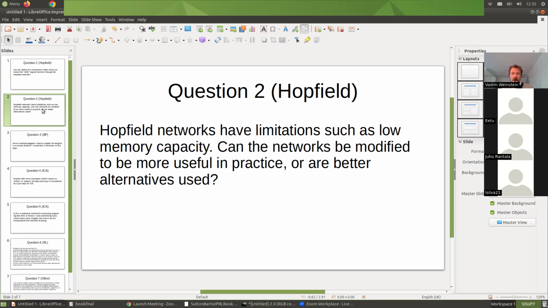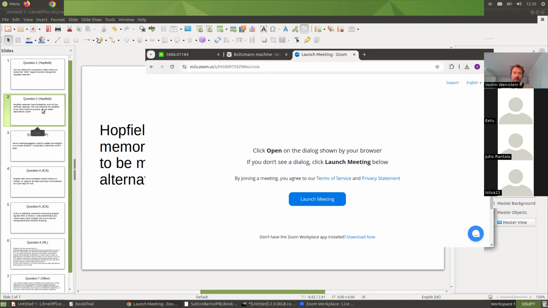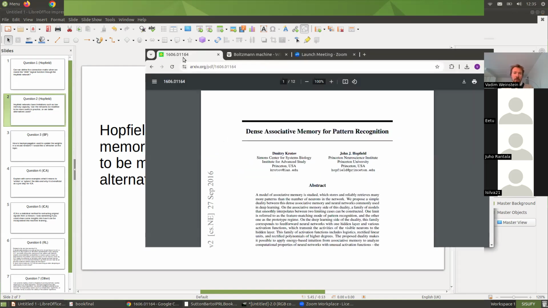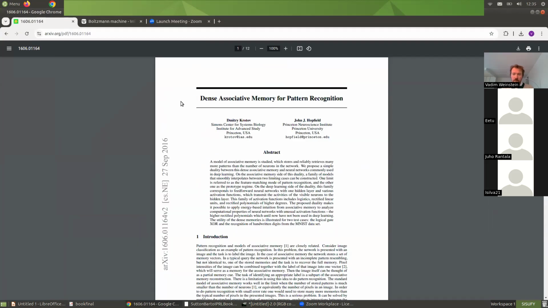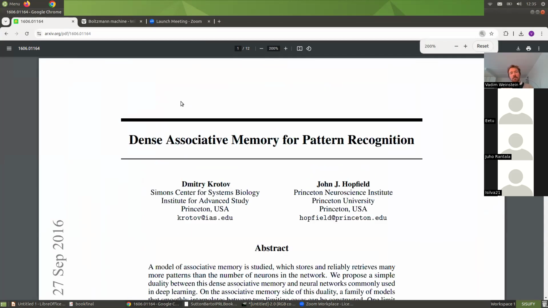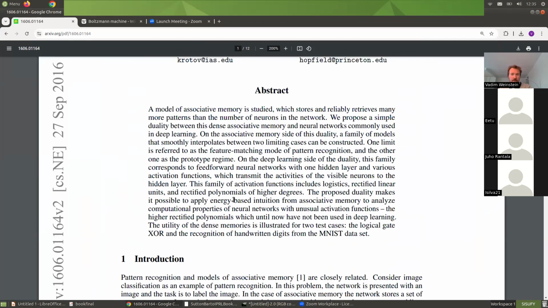But I found out that there have been breakthroughs in this. In this paper, Hopfield himself and a co-author, Krotov, improved the capacity.